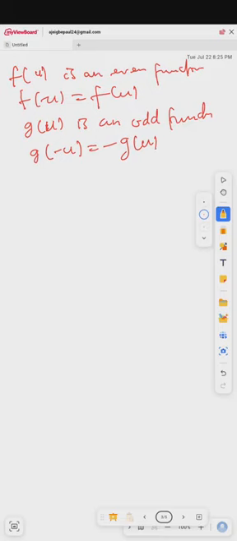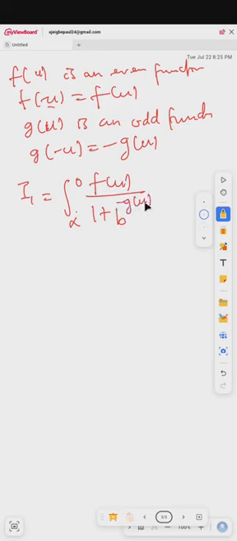Okay, so now using this information that is given from the question, we are going to have this. We have I1 equal to the integral from alpha to 0 of, instead of writing f of minus u, you write f of u, over 1 plus b raised to the power of minus g of u.